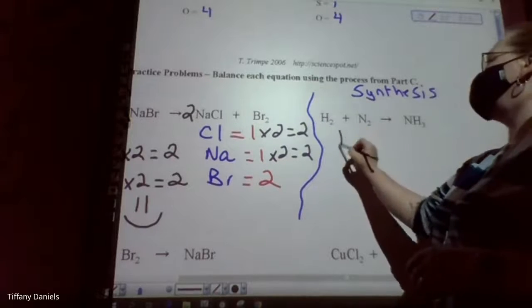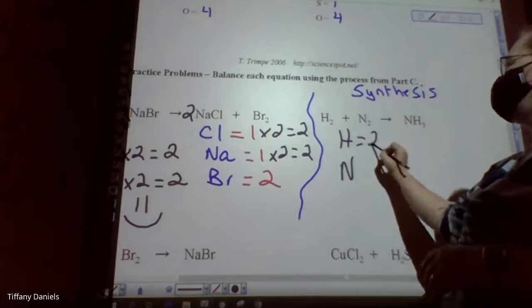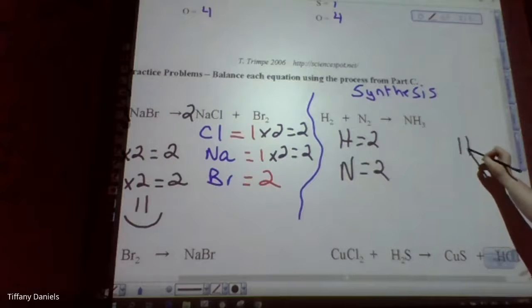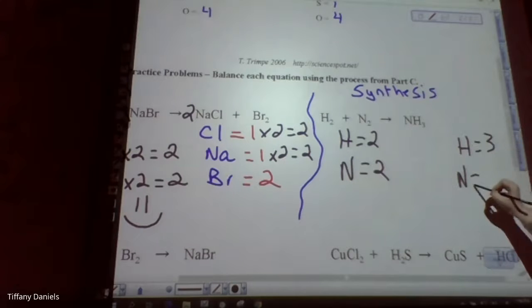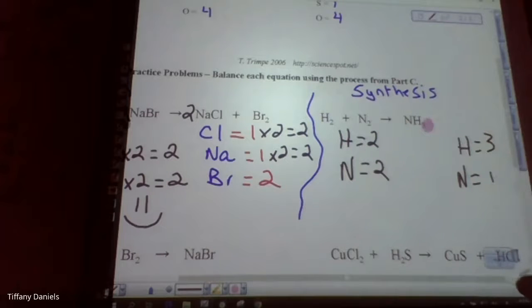List out the chemicals that you're given. List them in the same order on the other side. Notice how this subscript belongs to the hydrogen, not the nitrogen. So remember what I told you about 2s and 3s. Keep that in mind, okay?